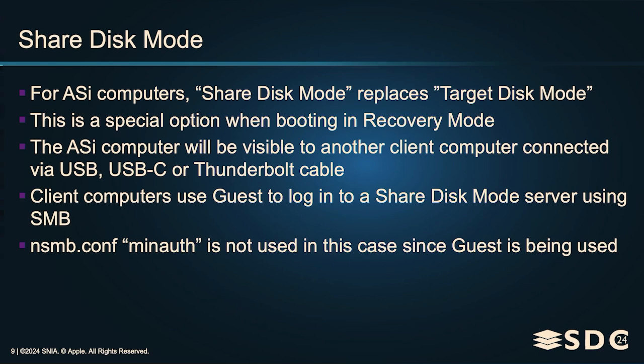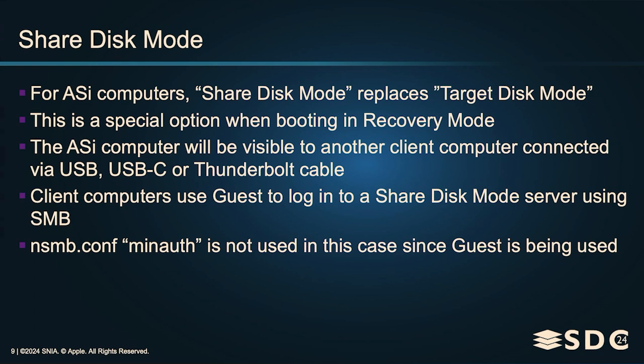Okay, so I have to give a little bit of background information before I can talk about the next one. Apple Silicon computers have what's called shared disk mode. The Intel computers used to have something called target disk mode. The idea is if you were trying to recover data off of your computer where the OS won't boot anymore, you could boot in recovery mode.